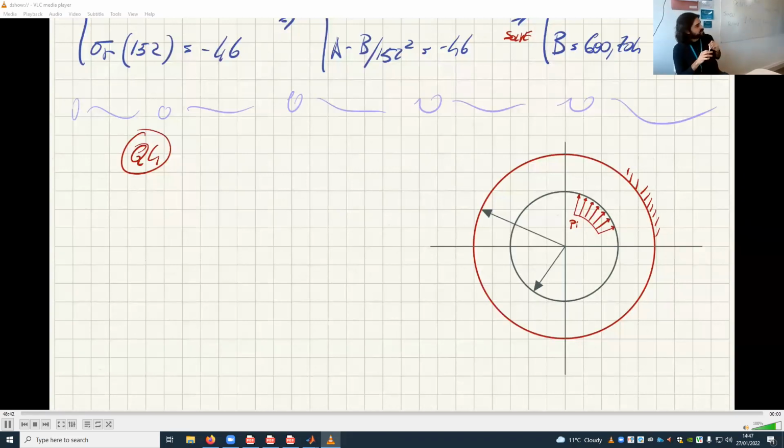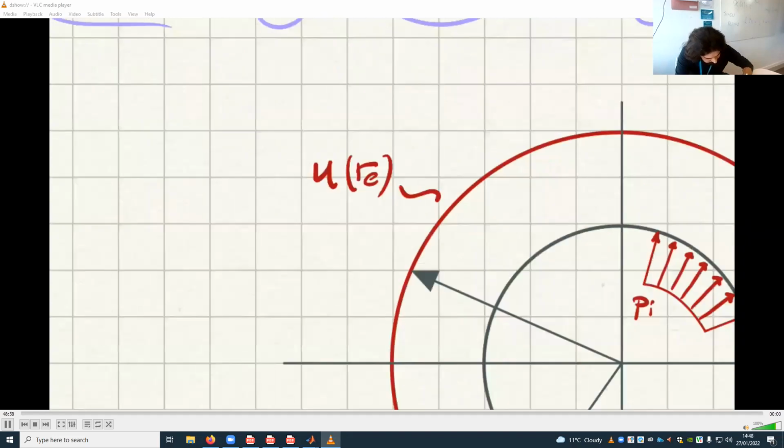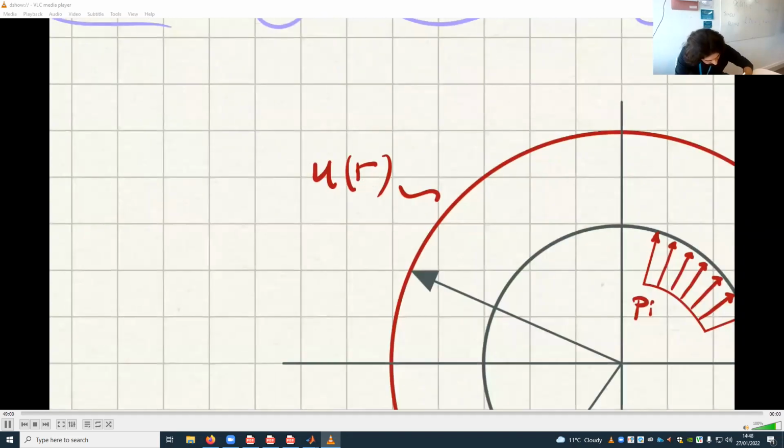You know that it is an external pressure such that the displacement of the outer surface is 0. So u of the external radius is 0.